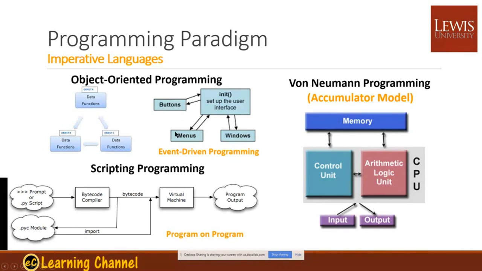When you add these different programming paradigms, you need an object-oriented programming environment to help facilitate the event-driven programming model, and also facilitate thread control, thread management, the concurrent programming environment. So these three are actually three different models, but the core of them is similar. It's the von Neumann model, and we call it imperative languages.